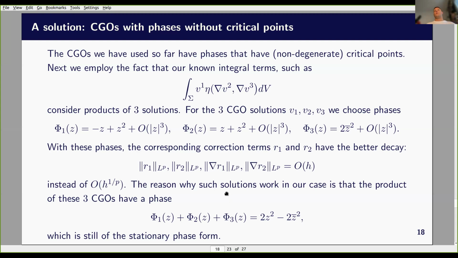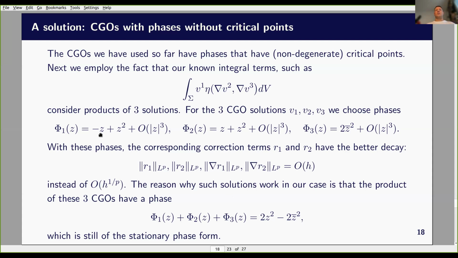Some of you might wonder why this has not been used earlier in other inverse problems in dimension 2. Well, the reason is that because we have 3 solutions, I can have these linear parts of the phases, which without canceling them would cause you non-stationary phase, cancel out.